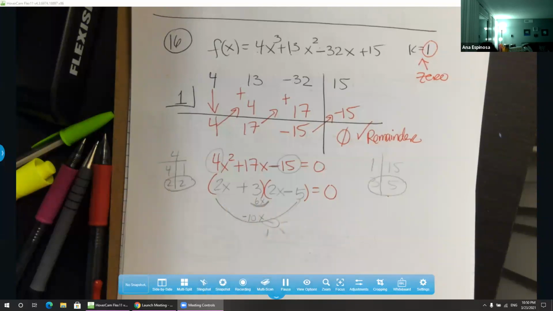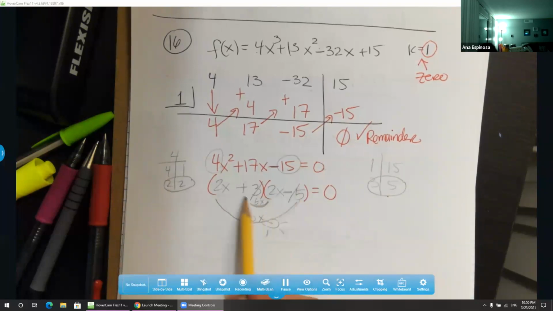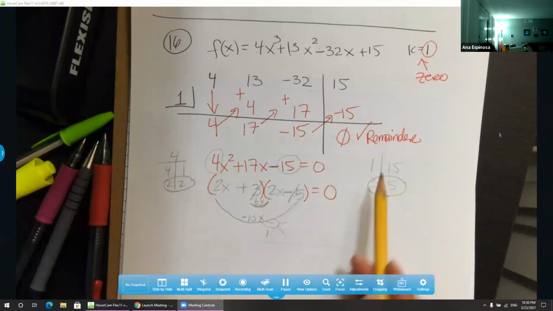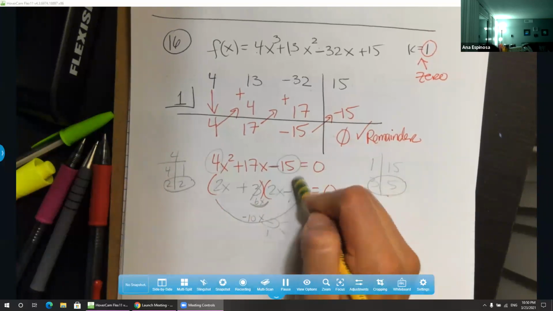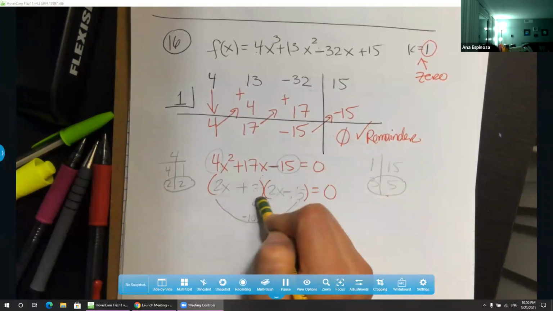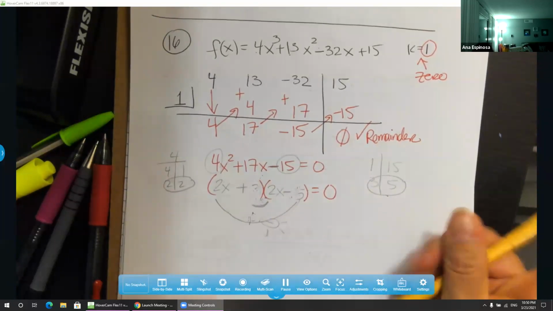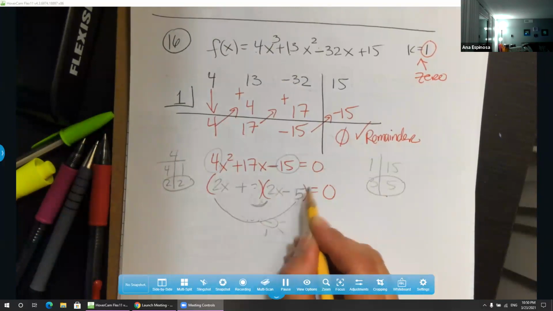But it's not 17. I don't know if it's factorable. If I swap these, it doesn't make a difference because these are the same. If I do 15 and 1, those numbers are way too big. 15 is way too big, so this won't work with that. Okay. So I'm going to leave the 3 and 5 where they are.